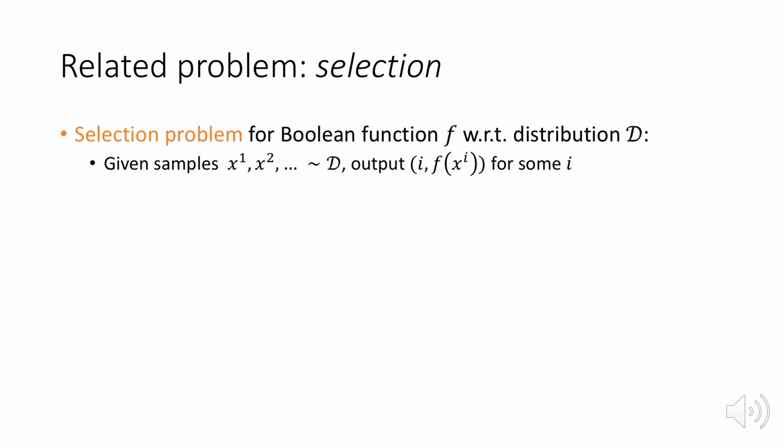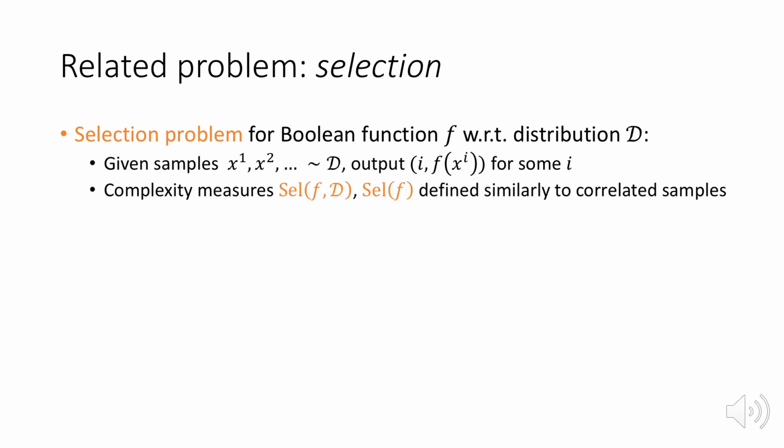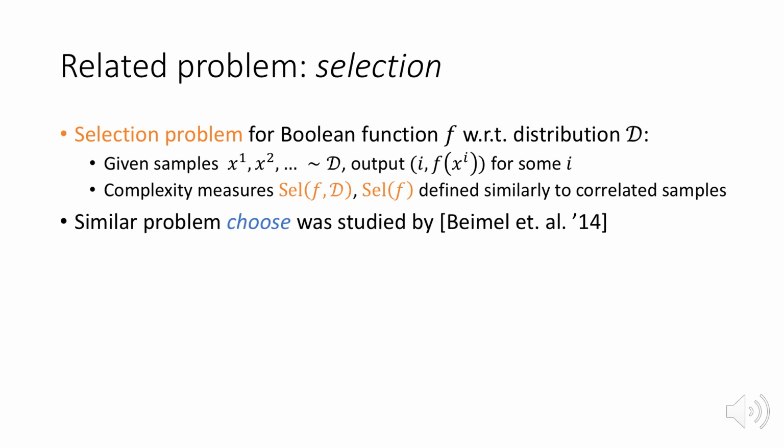Here, the algorithm has the freedom to select one of the samples to evaluate. We can define complexity measures SEL of f and d and SEL of f in a way similar to the correlated samples problem. A similar problem called truth was studied by Weiyun et al. in the context of communication complexity.